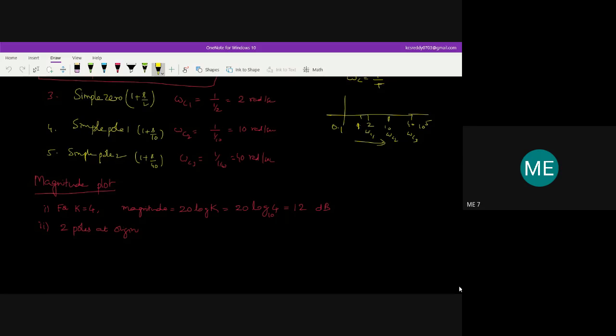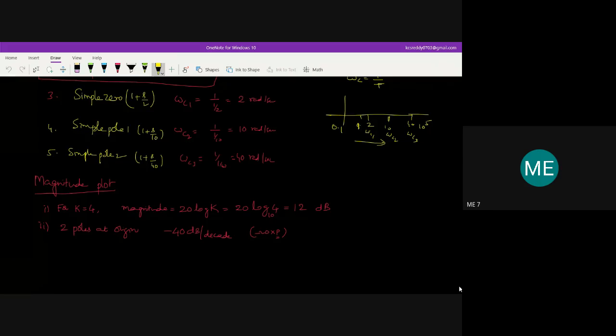So 2 poles at origin contribute a slope of minus 40 dB per decade, because it is minus 20 into p. Here p is equal to 2, so minus 20 into 2 gives minus 40 dB per decade. This is the slope contribution by the poles at origin.